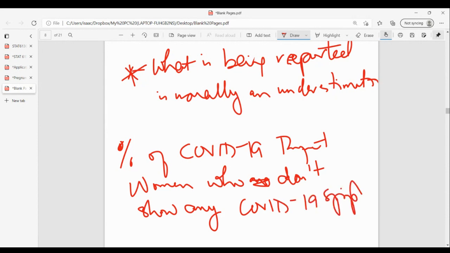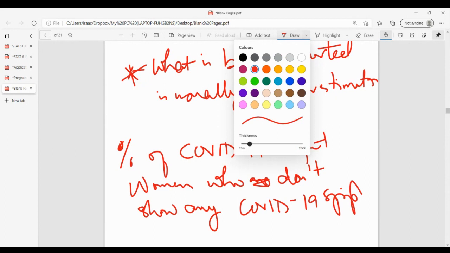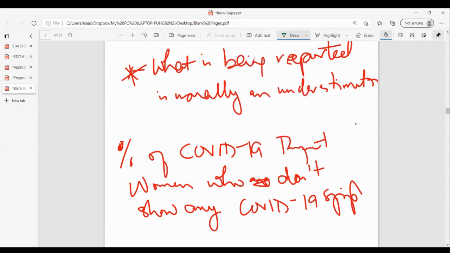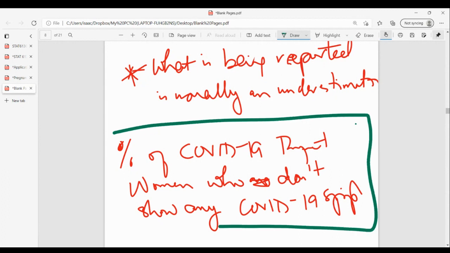Now, why is this important, right? Because this will tell us the degree to which we have been underestimating the numbers of COVID positive pregnant ladies, right?